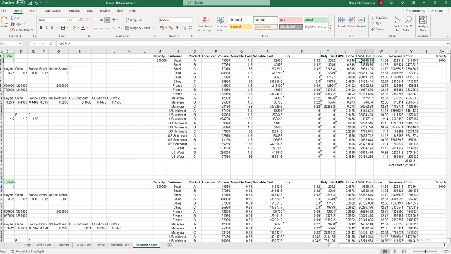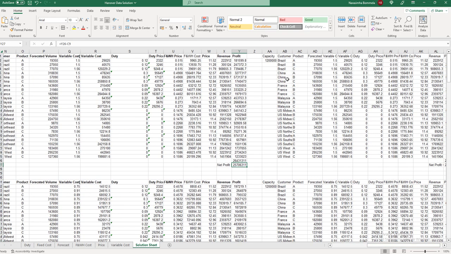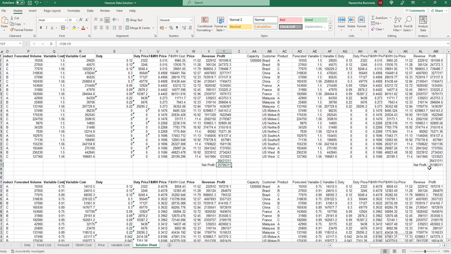It generates the total profit that we are generating because of selling that product in different countries. This is the total revenue we are generating. From that, for a capacity of 600,000, we subtract the fixed cost. This generates net profit. Similarly, we calculated for 1,200,000 capacity, which generates a different net profit.